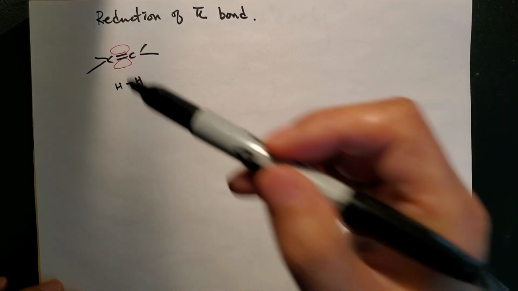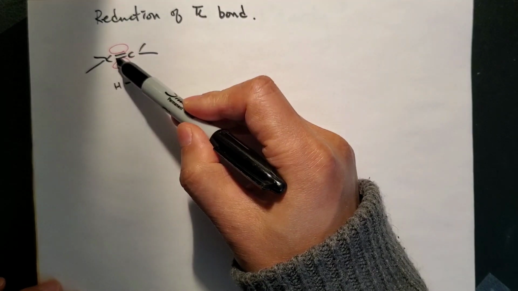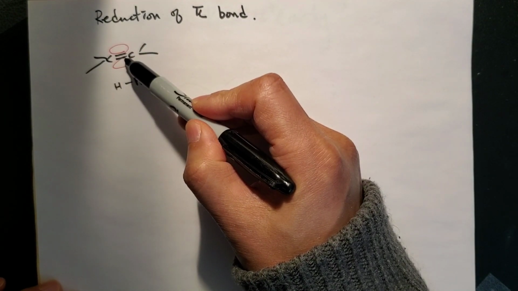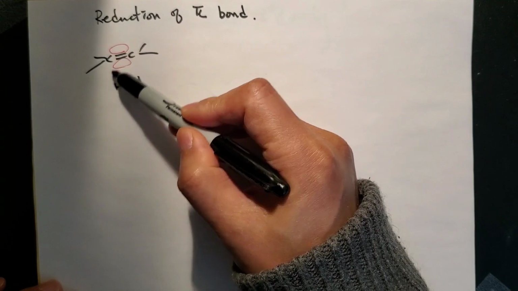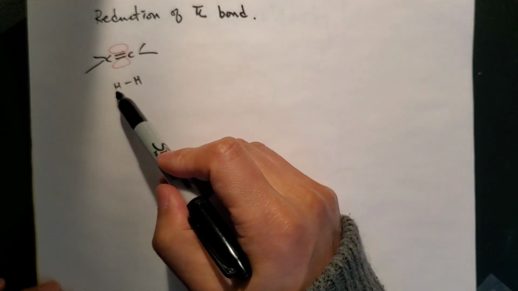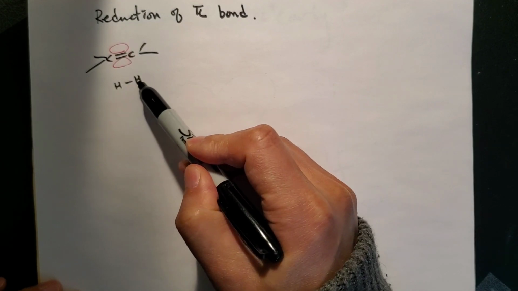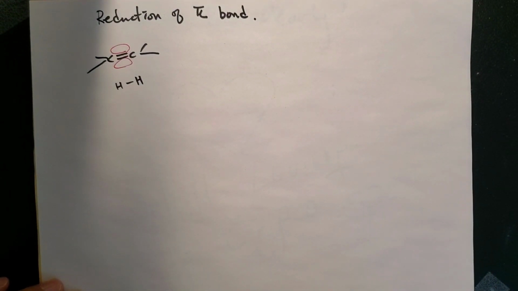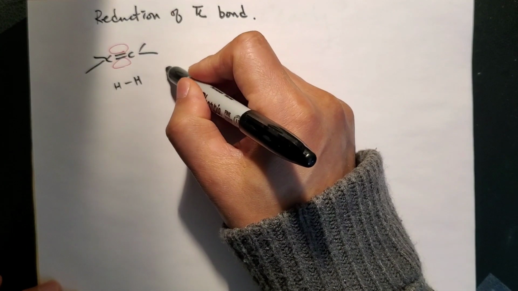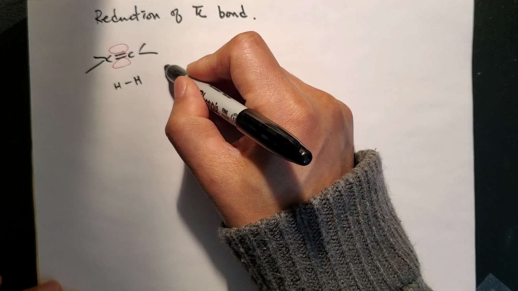At the same time, if you use the pi electron as a base, giving an electron to the hydrogen, you can imagine hydrogen losing an electron to the other hydrogen and making that hydride, H minus, that is extremely unstable with the small size of the shell and the low electronegativity. Therefore they don't react.